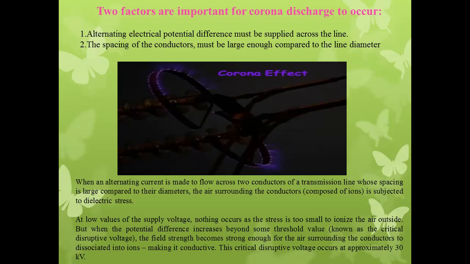Whenever there is a high electrical field stress, the air medium loses its dielectric properties and turns into a conducting medium. The air medium surrounding the live conductors of the transmission line experiences high electrical field stress, because the live conductors of the overhead transmission line operate at higher voltages.